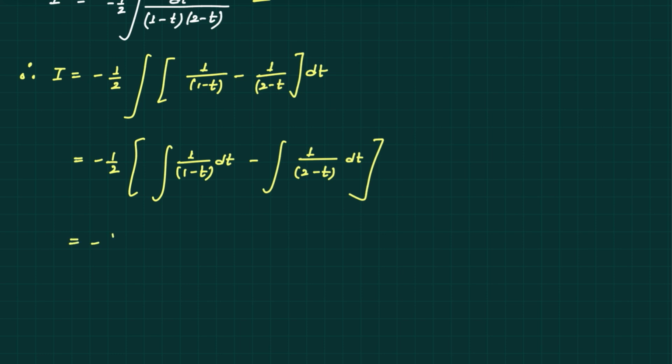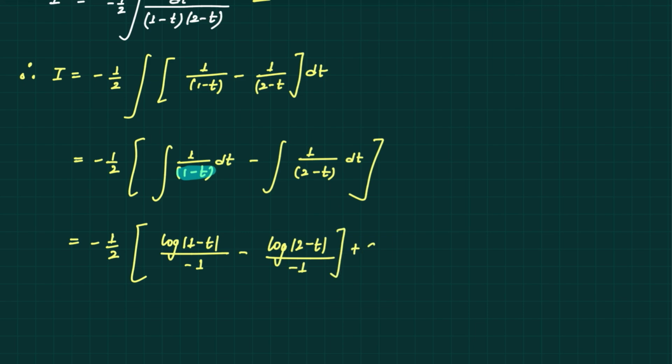So this equals minus 1 by 2 times the integration of 1 over 1 minus t, which is log of 1 minus t at first, but since I always say that we have to divide the answer by the derivative of the function which we considered as t or x, here the derivative of 1 minus t is minus 1, that's why we have to divide by minus 1. Similarly here it will be first log of 2 minus t, and the derivative of 2 minus t is minus 1, so here it will be divided by minus 1, plus c.